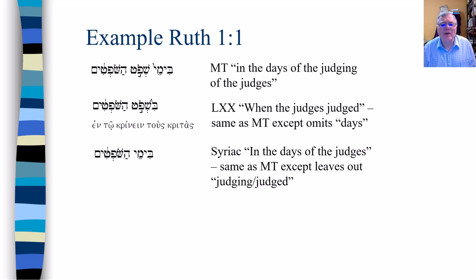But then when you get to the Syriac translation, it implies a Hebrew text of Bimei HaShofatim, in the days of the judges. So you have three different variations: in the days of the judging of the judges, when the judges judged, and in the days of the judges. And so the question is, which is right? And the way that textual criticism tends to go is, well, which reading best explains the other readings?